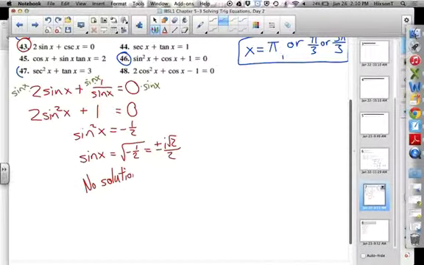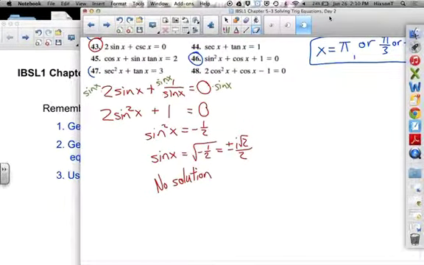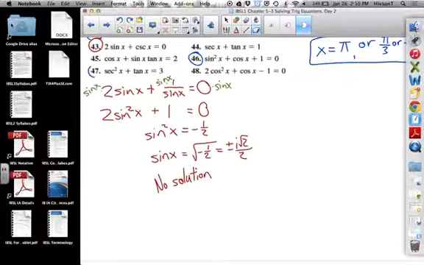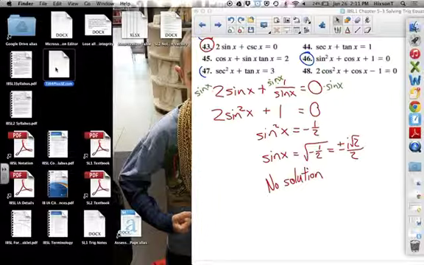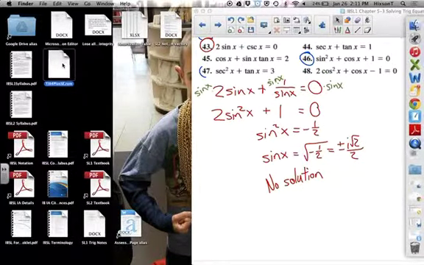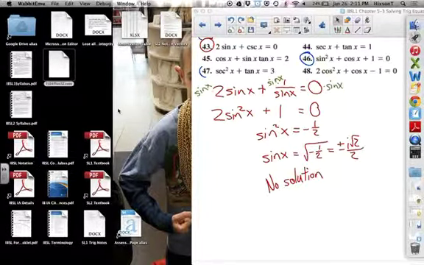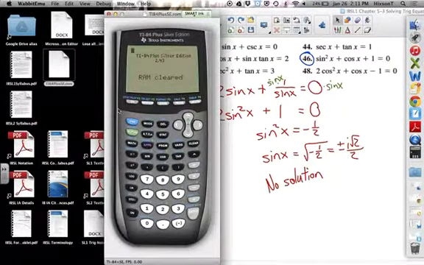Now we can confirm that, or actually test that theory using our graphing calculator. Let's bring that up here. This is getting to something we'll look at later, and that is solving an equation using the calculator.